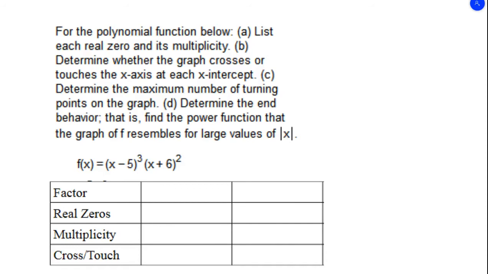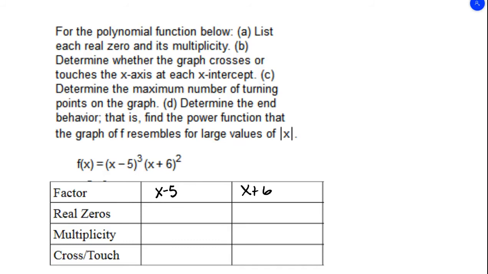So we're looking at this polynomial function f of x equals (x minus 5) cubed times (x plus 6) squared. Now, luckily, it's already in factored form. So we can list out the factors here as x minus 5 and x plus 6.